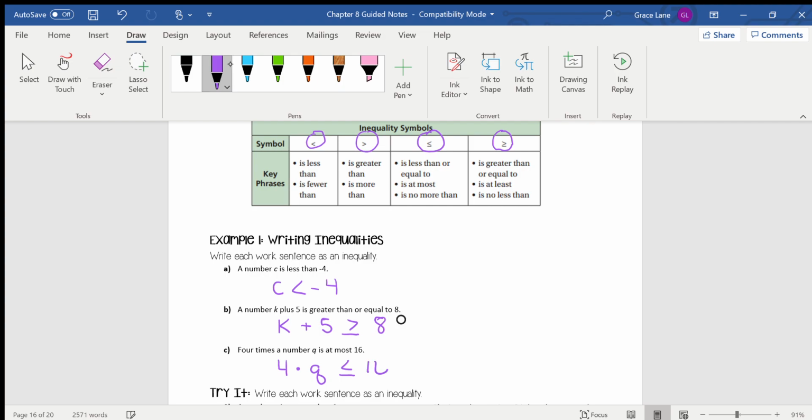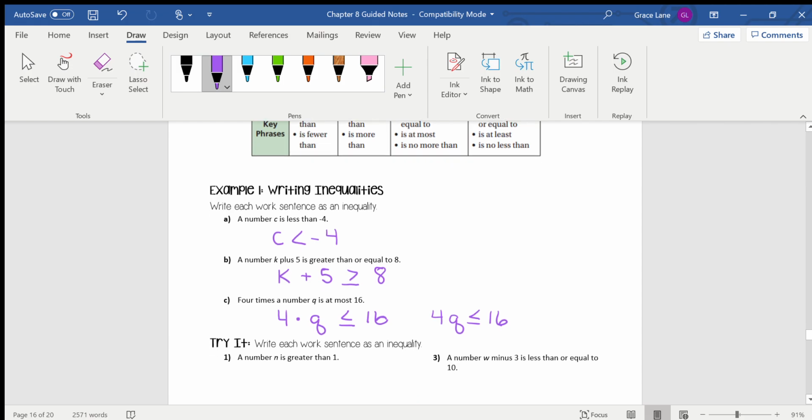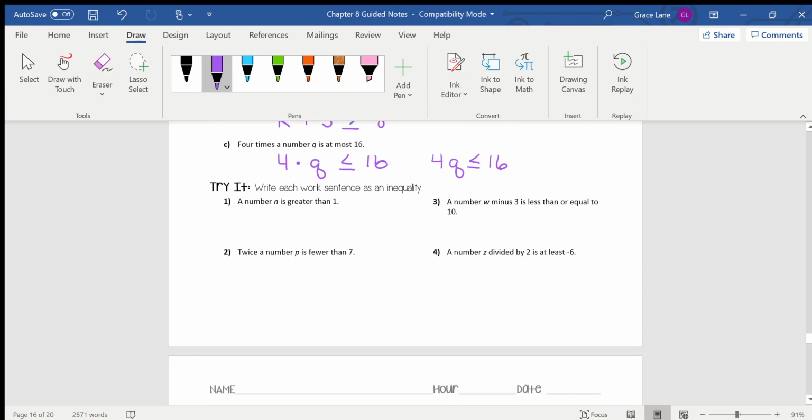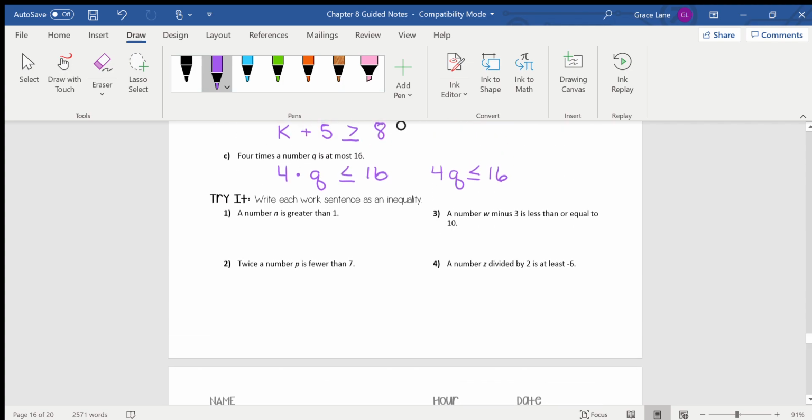The other way that you can write this is to get rid of the multiplication sign and write 4Q less than or equal to 16, because when there's the coefficient right in front of the variable, the number in front of the variable, it means to multiply. So you guys use the keywords, try the 4 try-it questions, and then check back in, and we'll move on to the next thing.